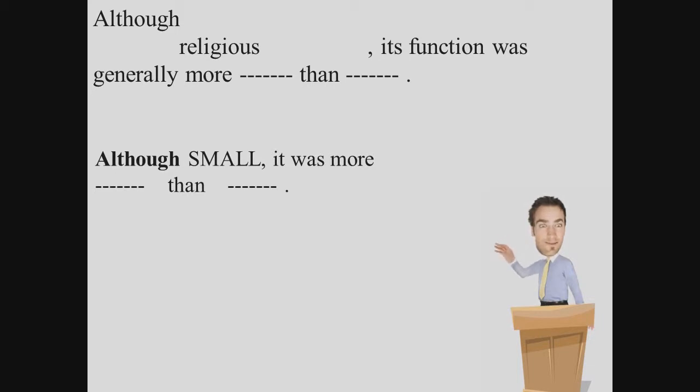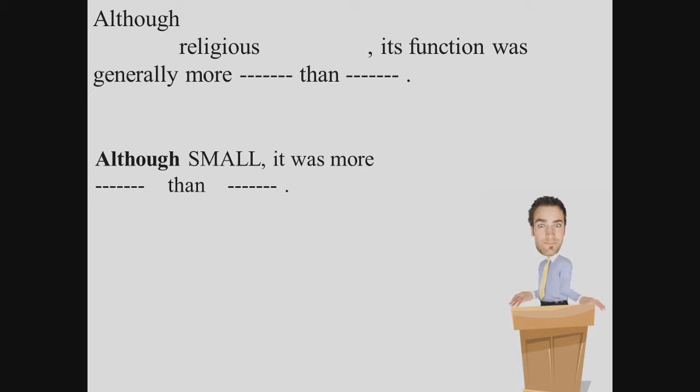The syntax of this makes it necessary that the second blank be somehow related to the word small. The way syntax works in this particular situation is that it forces the second blank to be related to the word small.